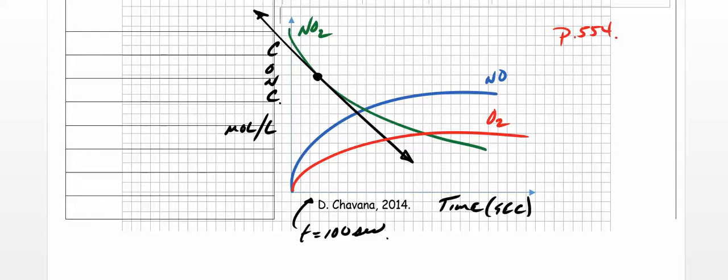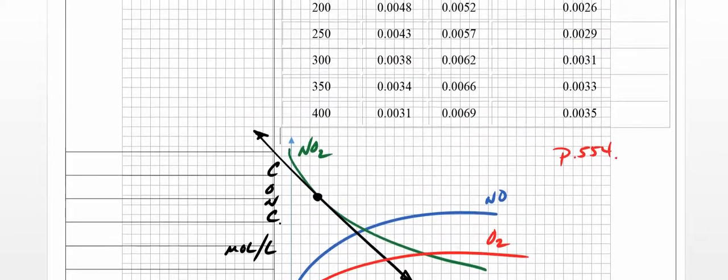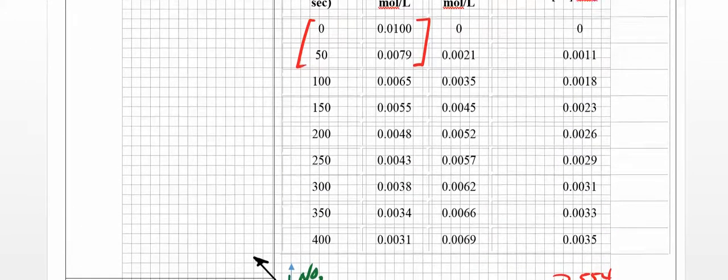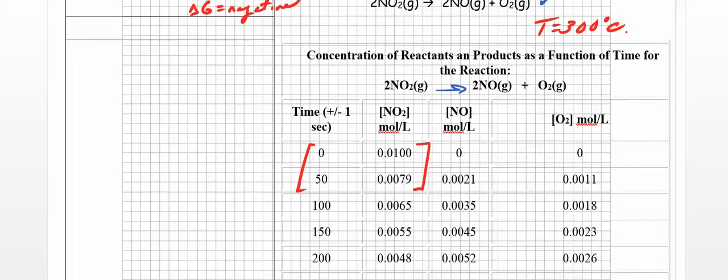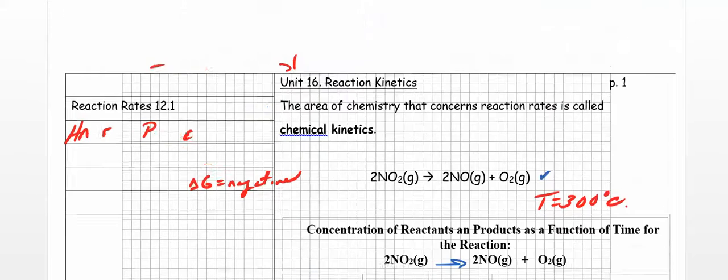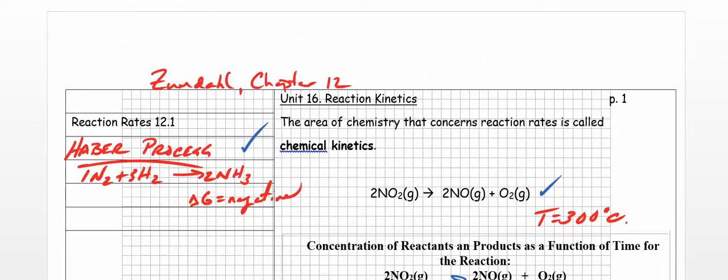Let's go back up to the reaction and see if we can explain why that might happen. So here's the reaction. Remember, it was this relationship here: twice as many moles of NO are produced per mole of oxygen gas. So if 1 mole of oxygen gas is produced, 2 moles of nitric oxide are produced.